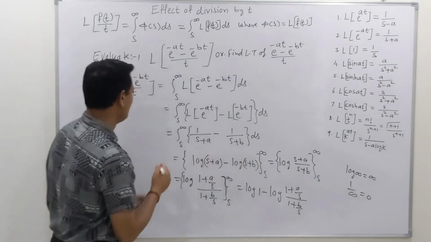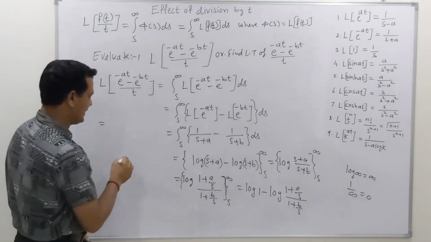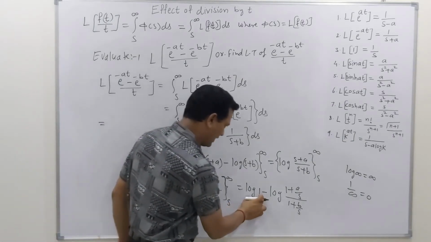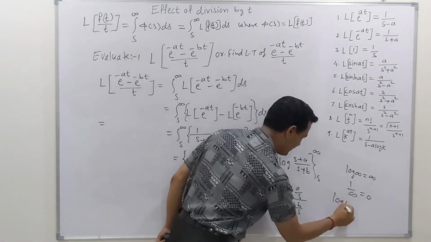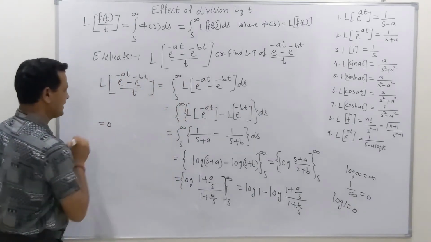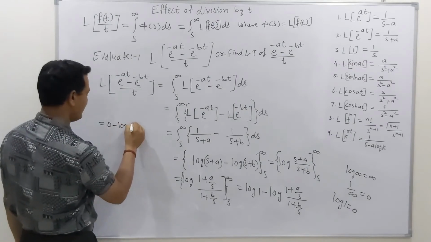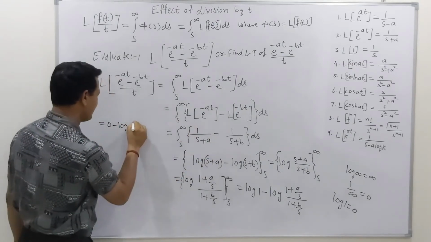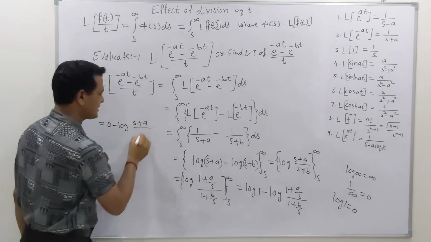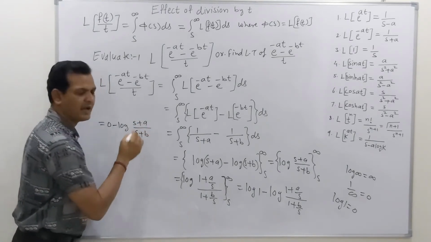Now after simplifying this term, we get the next step. The value of log of 1 is 0. We get 0 minus log of, after rearranging this term, (s plus a upon s) divided by (s plus b upon s).